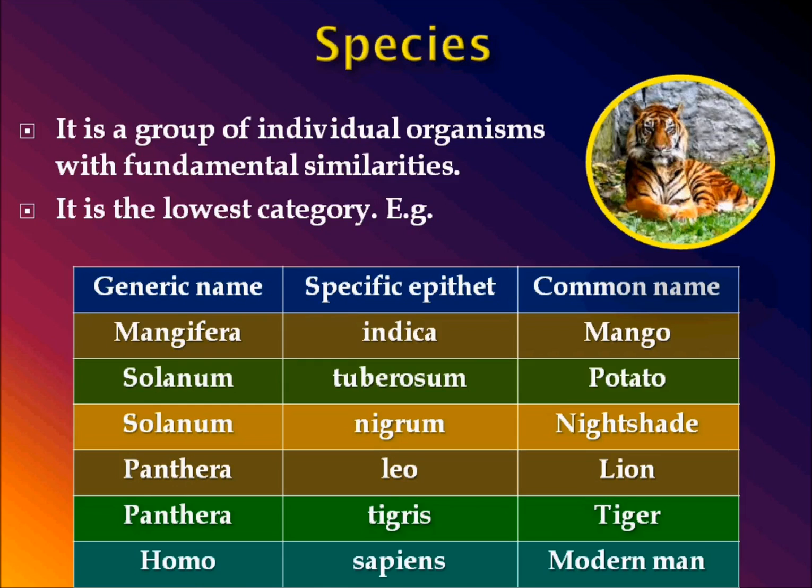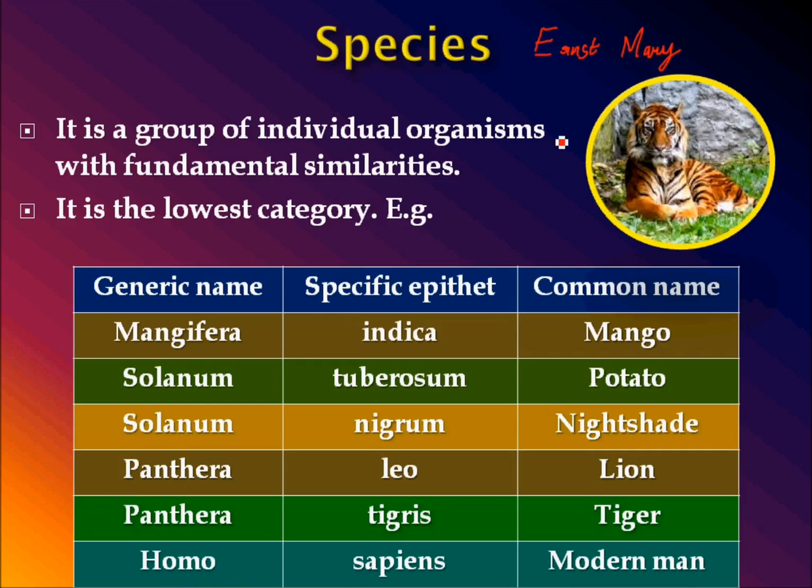I would put the person's name on your screen. This concept was given by Ernest Mayr. Species is actually a group of organisms which can freely interbreed among themselves to produce fertile offspring.